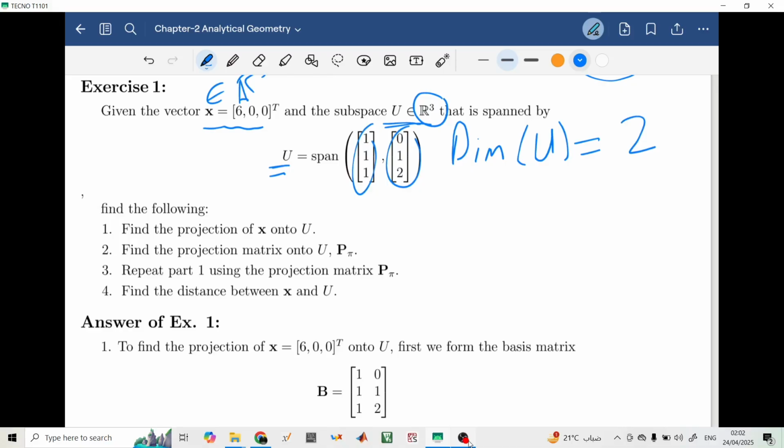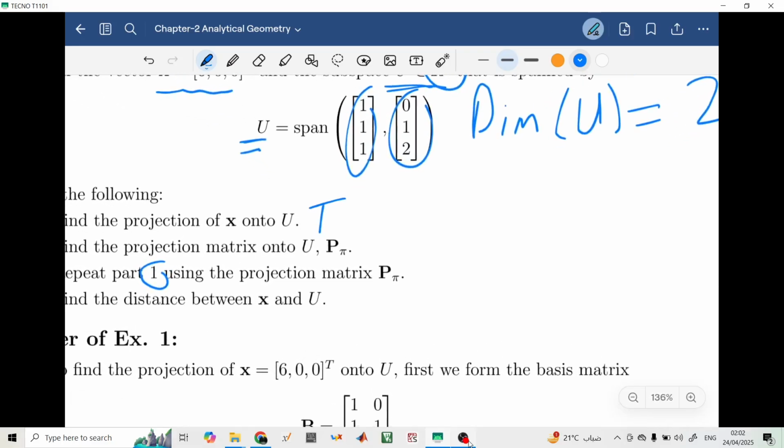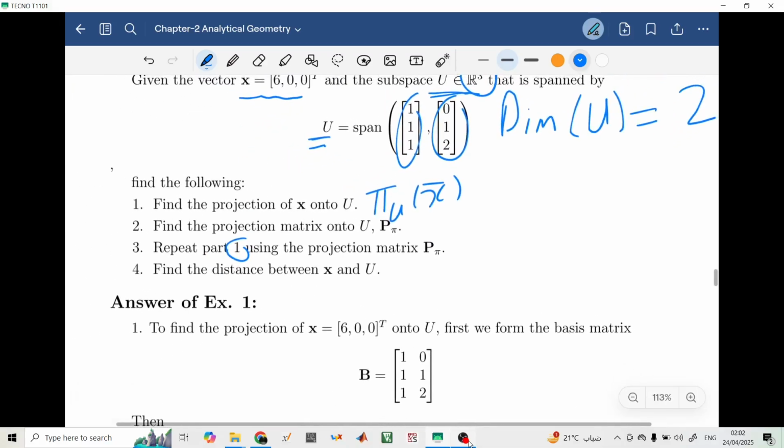You want to find the projection matrix, okay? We want to repeat part 1, which is finding the projection. What is the projection? This means that I want to find pi onto U of x, which is a vector. We want to find it in 2 ways. The, let's say, conventional method and using the projection matrix.